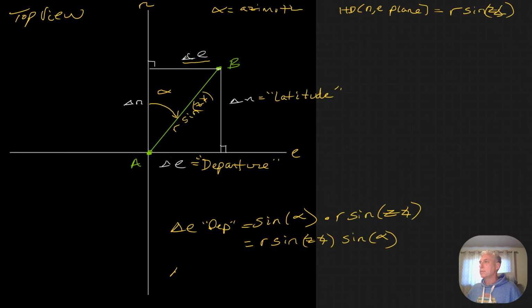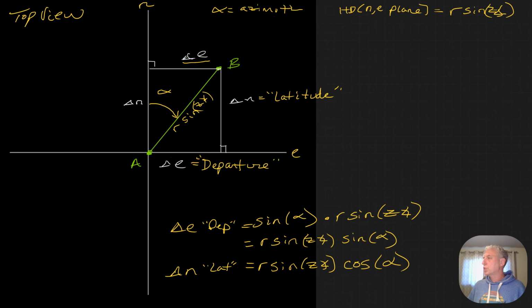And our delta n, similarly, or our latitude, is equal to r sine zenith angle times the cosine of alpha. So just going back to plane surveying, reviewing how we work with angles before we jump off into coordinate transformations.